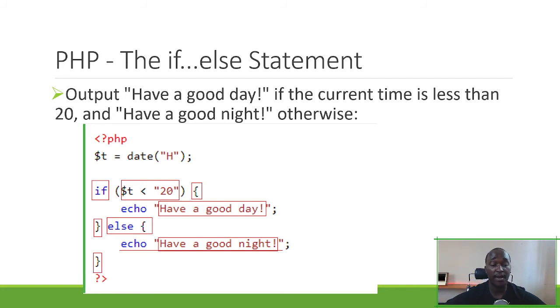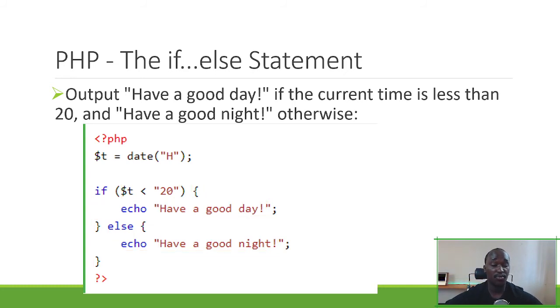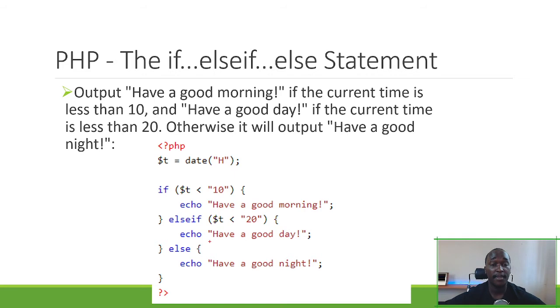With if else, you have something to give when the condition is true, and something to give when the condition is false. That's what if else is. Then we have multiple if else, which is written using the else if statement.